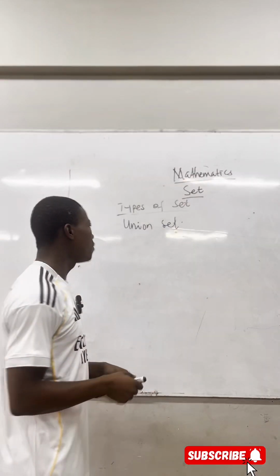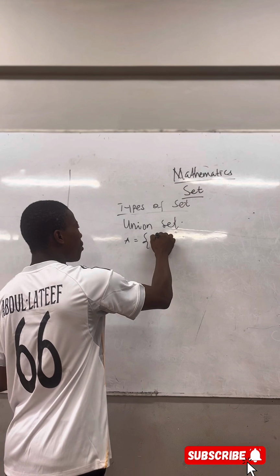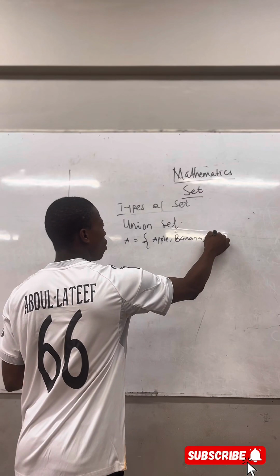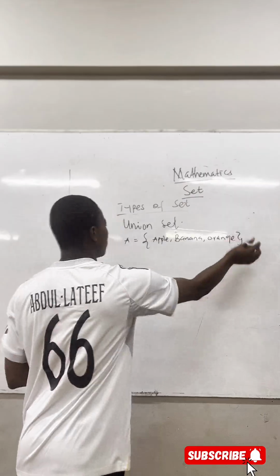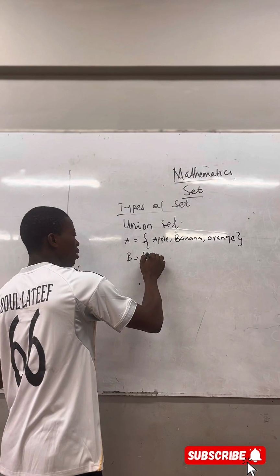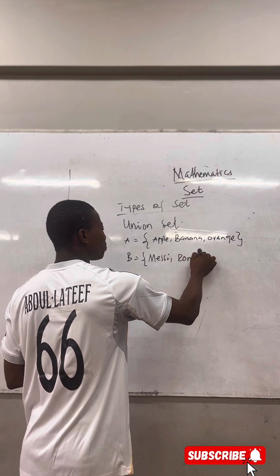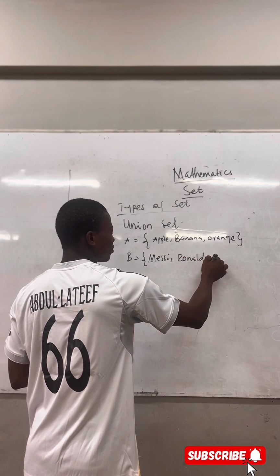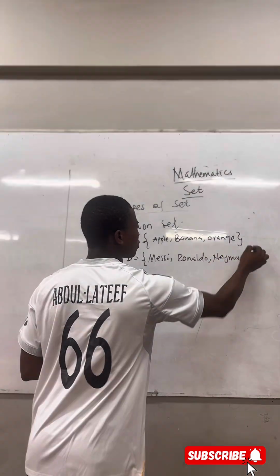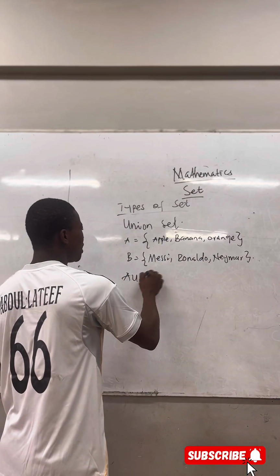Almost the same, because if we have A to be apple, banana, orange, a set of fruits, we have B to be Messi, Ronaldo, Neymar. And they said that we should find A union B.